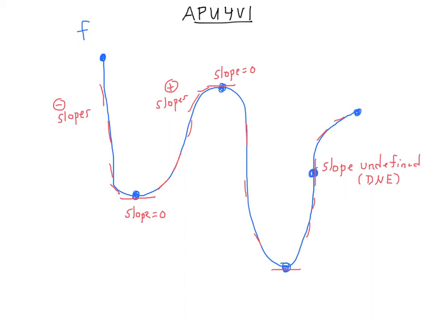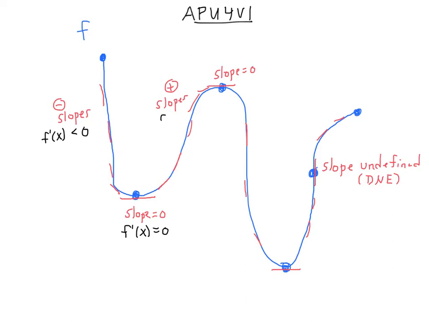Well, make the connection between slopes of a tangent line and a derivative. Recall that a slope of a tangent line is really just a derivative. So where we have negative slopes, it really means that our derivative, f prime of x, is less than 0. In other words, it's negative. Right here, where the slope is 0, it means our first derivative is equal to 0.